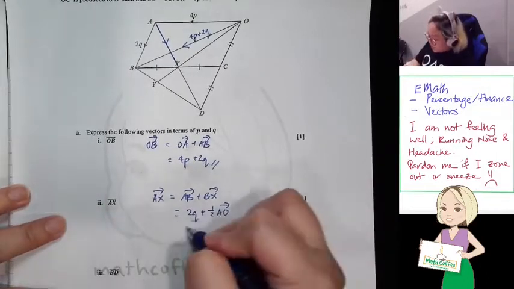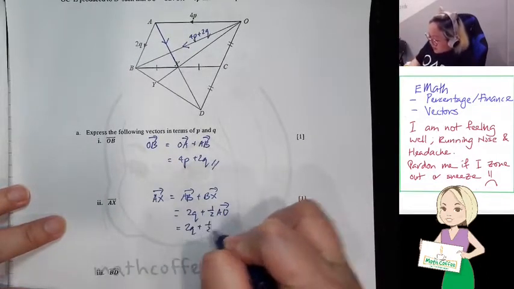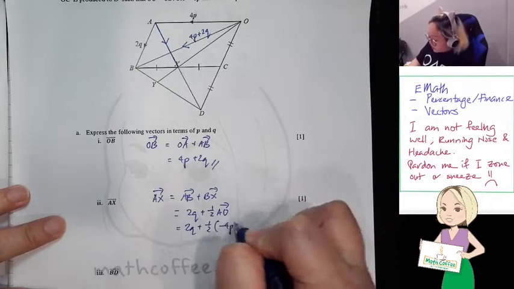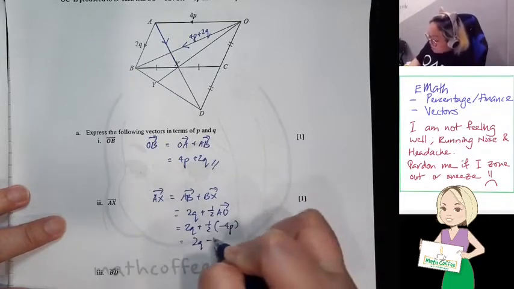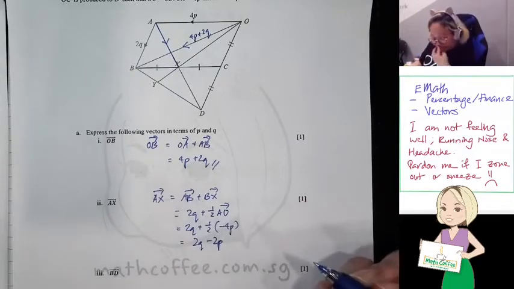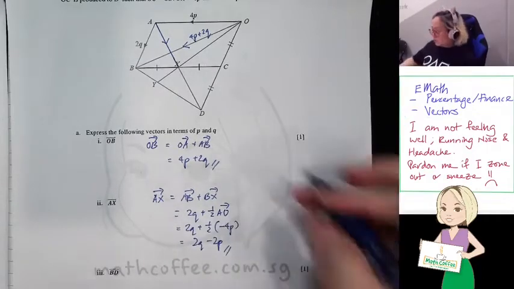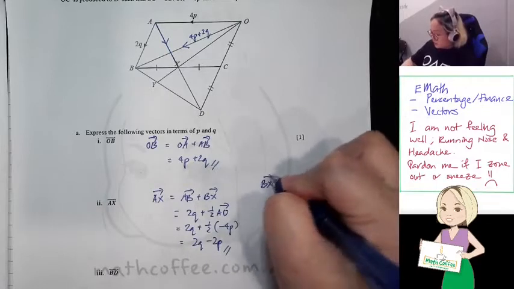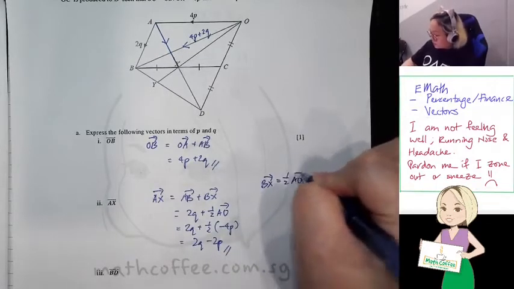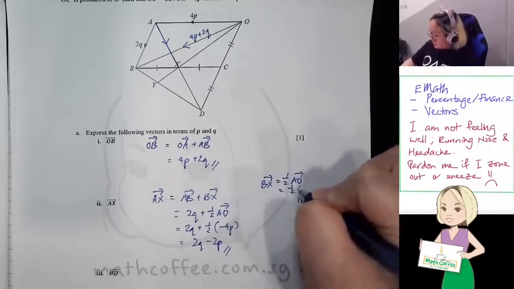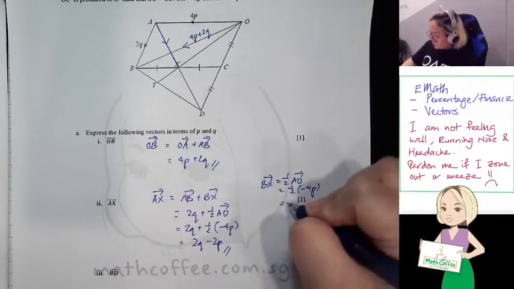And so I will have to say it is 2Q plus half negative 4P, which is 2Q minus 2P. Understand? So I just put at the side here, BX is equal to half AO, which is half times minus 4P, which is minus 2P.